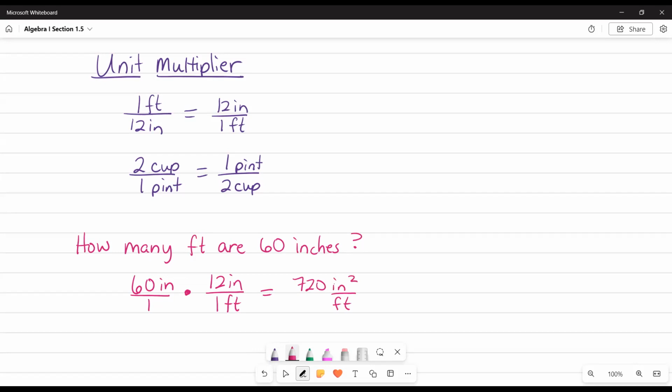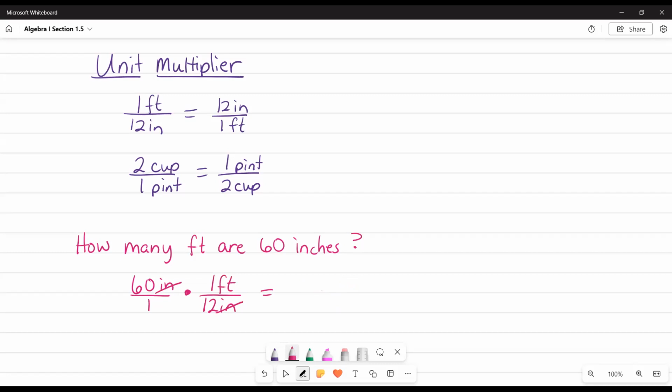So we know that 60 inches in feet is not 720. So we have to flip it. 1 foot over 12 inches. Now can I cancel out the inches? My units. So now I can cancel. If you treat them like a number, they cancel each other out.